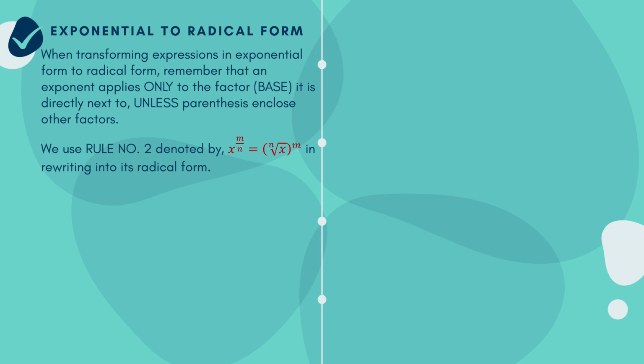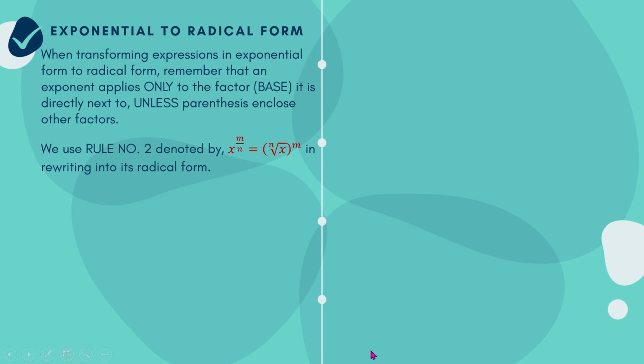As I said earlier, if a negative number is not enclosed in parentheses and you raise it to an exponent, either 2, 3, 4 or any number, the exponent is directly next to the number and the sign is not affected. But if the negative number is enclosed in parentheses, it means the negative number is raised to that certain exponent.